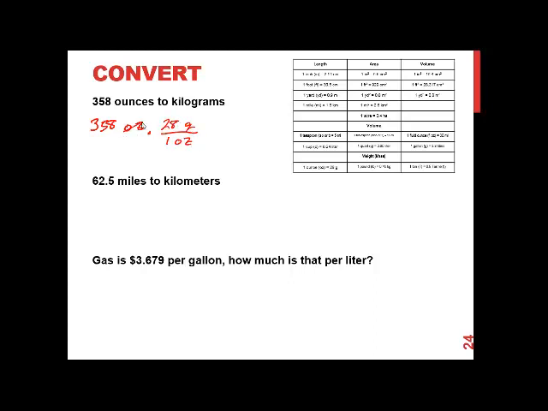And again, I had an ounce in the numerator, so I had to put the new one in the denominator. And now I need to turn these grams into kilograms. And we know that there's 1,000 grams in 1 kilogram. Divide out my grams and do the multiplication. 358 times 28, all that divided by 1,000, gives us about 10 kilograms.